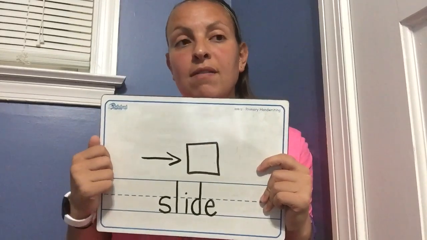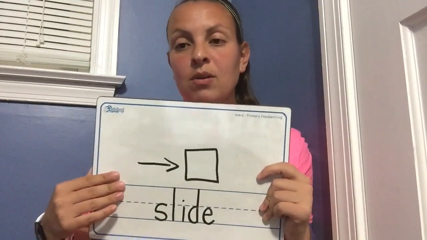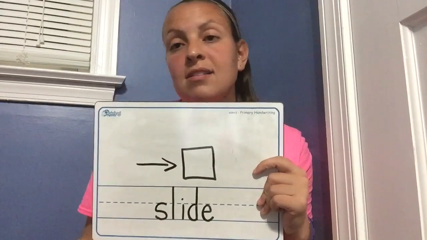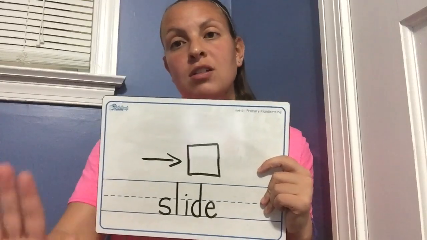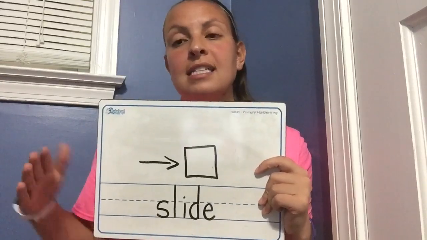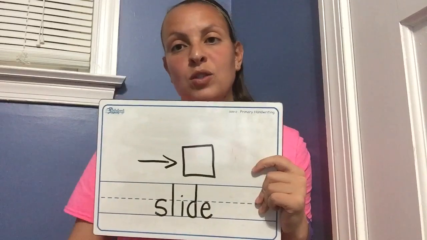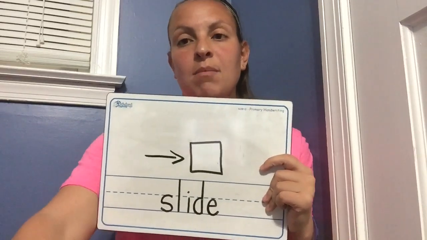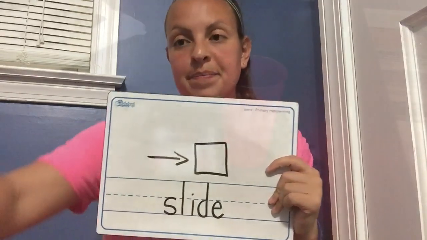So maybe if a family member at the dinner table is asking you to pass something, you might push a plate towards them and slide that plate over to them. So you're pushing something to make it move. By using my hand, I can slide a cup across the table.